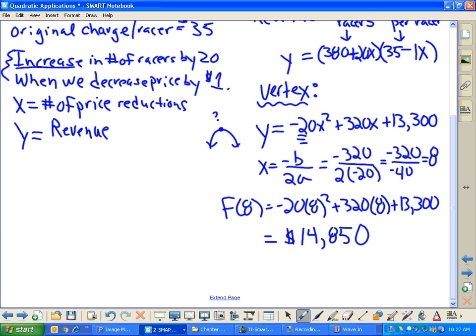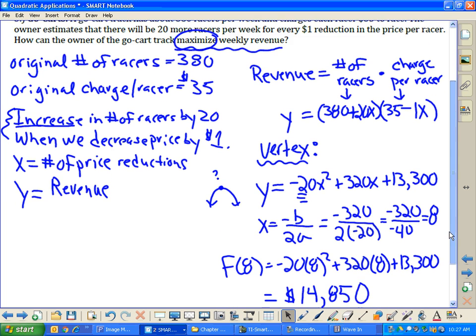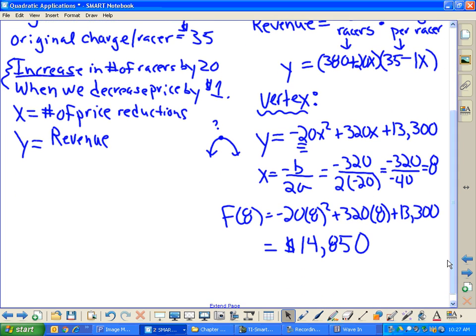So to finish this problem, you do have to write the answer as a sentence. It says, how can the owner of the go-kart track maximize his weekly revenue? So we now know what that maximum revenue is.